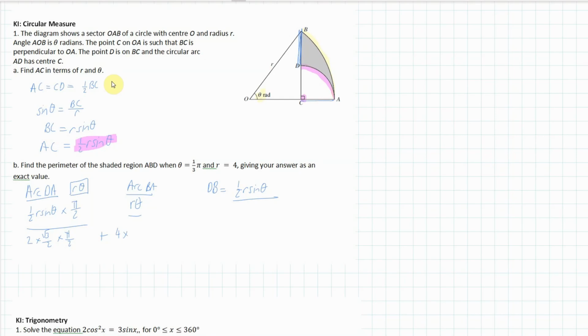What did we say theta was? Pi over 3. And then for DB, we're going to go half times 4, which is 2, times sine theta, so sine pi over 3, which is square root 3 over 2. And cancel, cancel. So what are we going to get? We'll get square root 3 pi over 2 plus 4 pi over 3 plus square root 3.